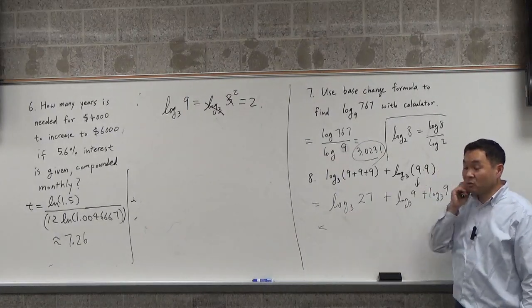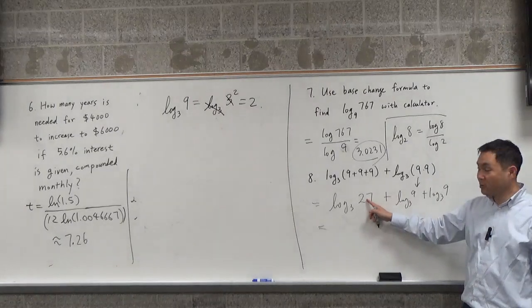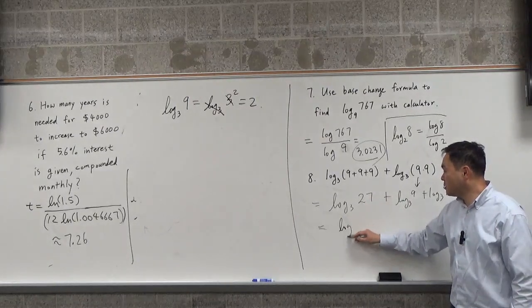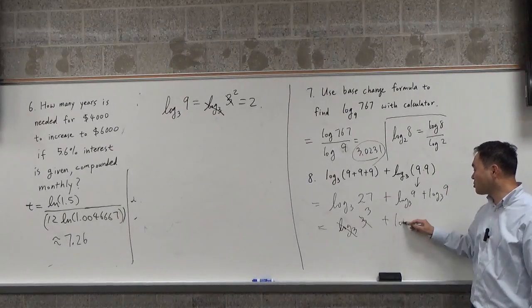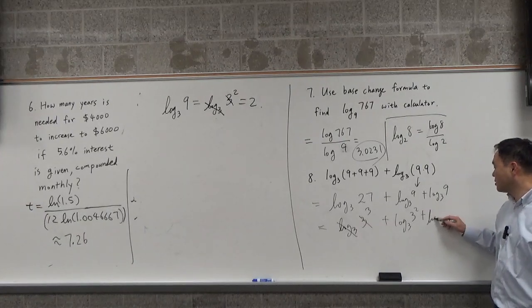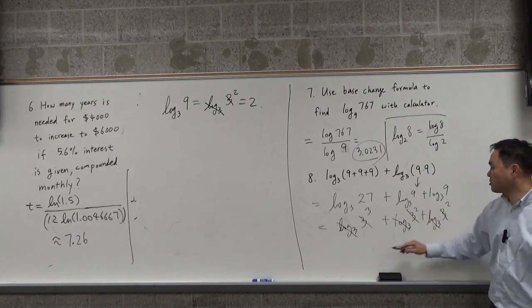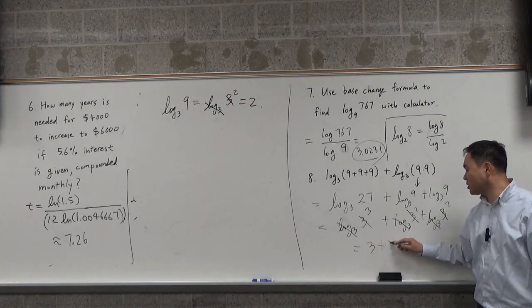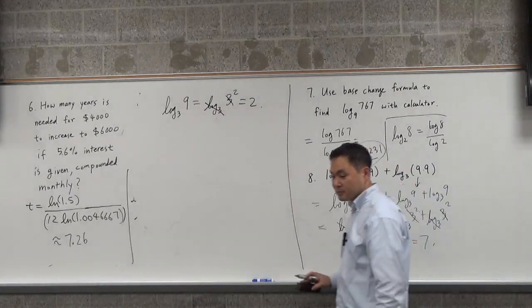What's log base 3 of 27? 27 is 3 to the third power, so it's going to cancel like this. And of course, 9 is 3 squared, so they cancel. It's 3 plus 2 plus 2, which is 7. That's the answer.